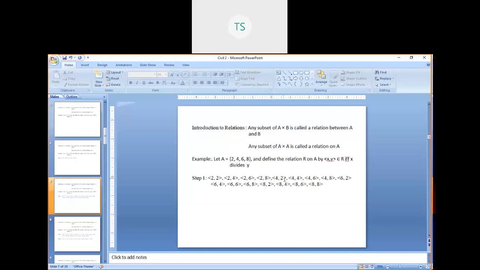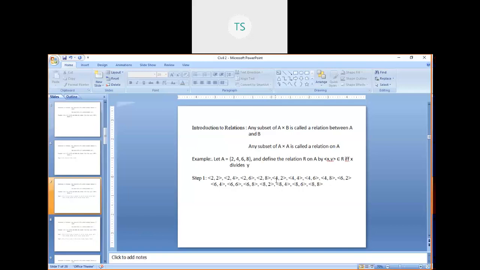Now the next one is 4, 2. If you divide 2 by 4, what will be your answer? It is 0.5. That means it is a fraction. We cannot divide 2 by 4 directly, because we have to give a decimal point, and then it comes as 0.5.